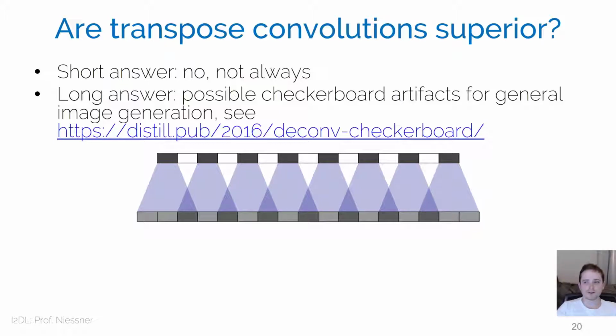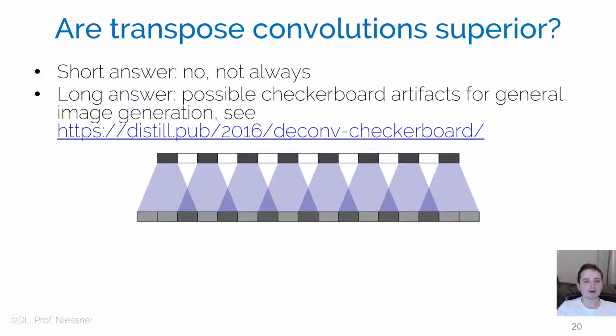But when you're using these transposed convolutions to generate images, you have these overlapping patterns sometimes, which cause checkerboard artifacts on the images that you're generating, which don't look too nice, and it hurts the photorealism of your outputs. But as I said, this is more of a problem when you're trying to generate photorealistic images. And this just comes from the way these transposed convolutions are built.